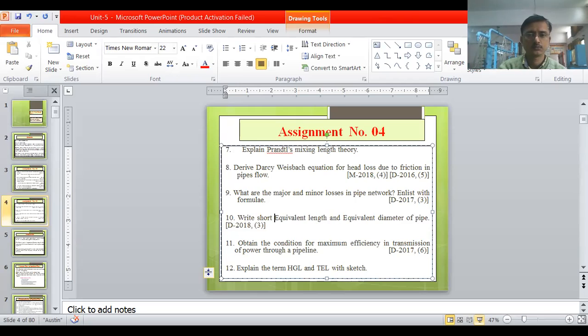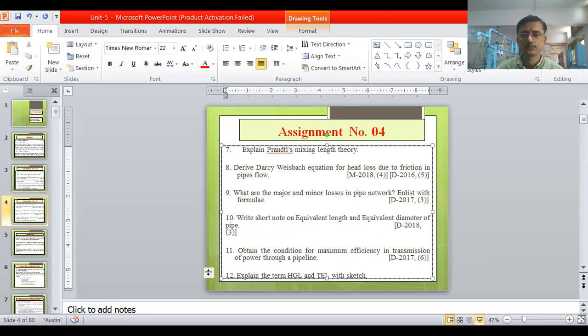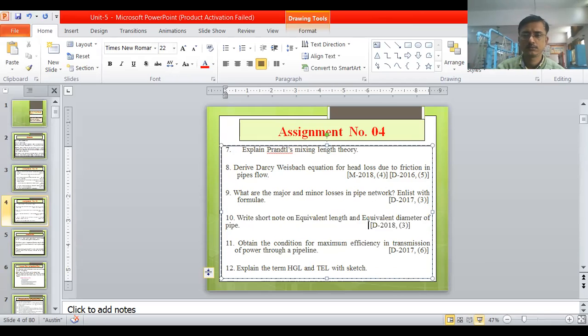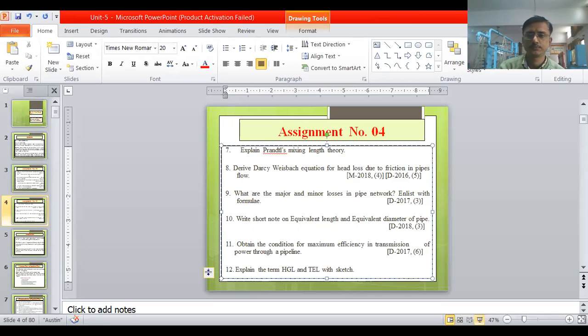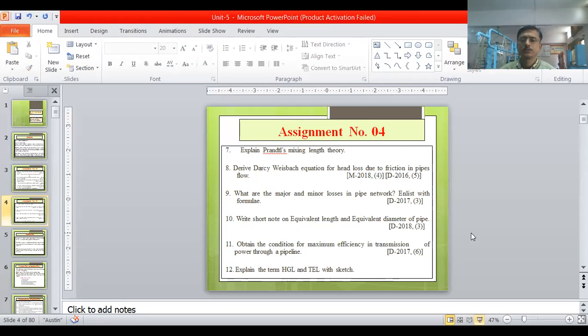This question was asked in December 2018 for 3 marks.